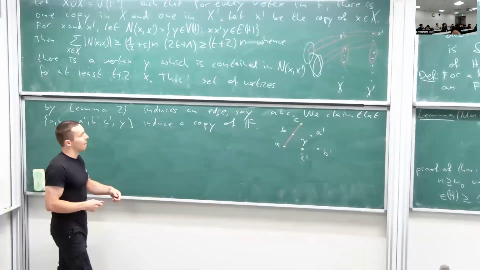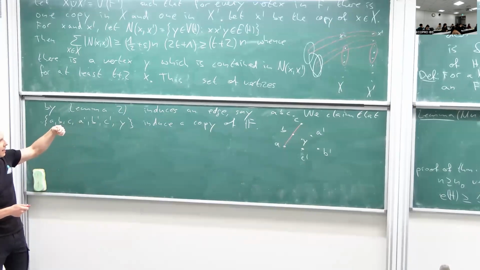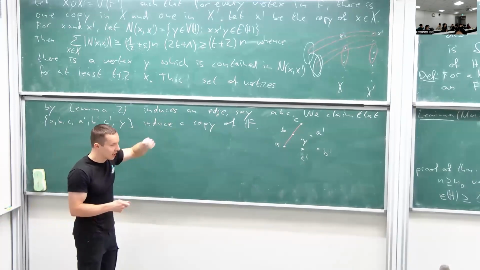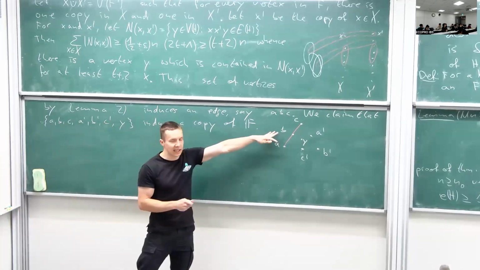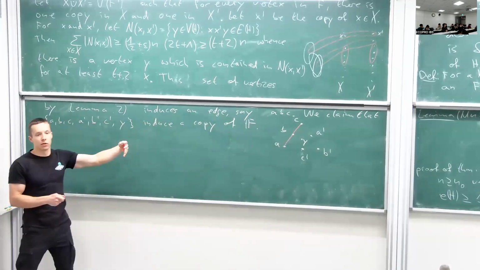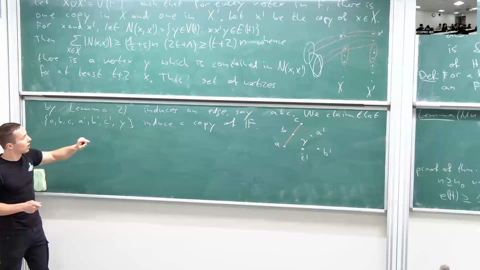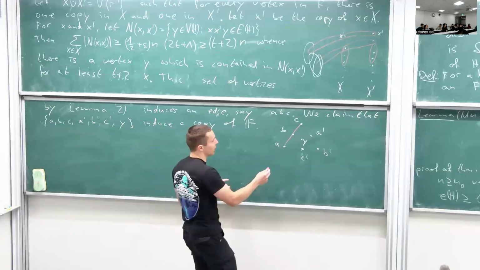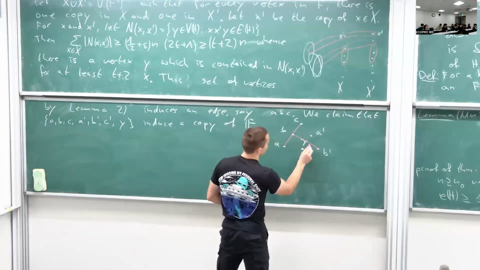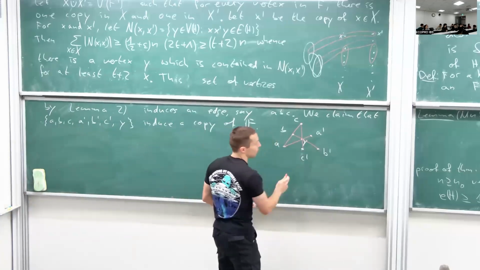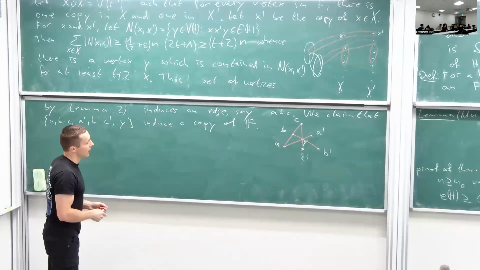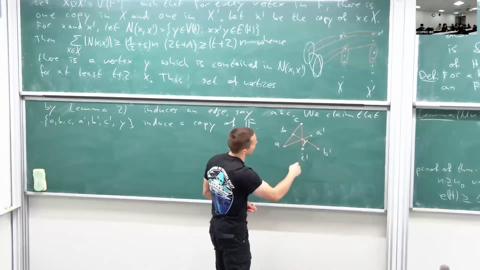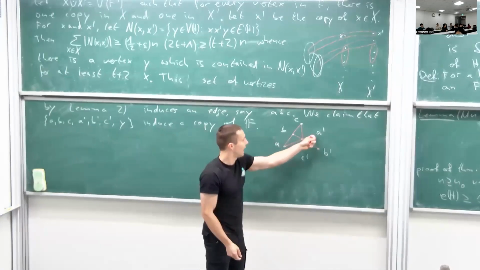Then by the choice of Y, right? Y was this vertex that was contained in the co-neighborhood of a vertex and its copy, and these ABC were chosen among those vertices which have this property for Y. So in particular, we know that we have this edge, and this edge. And now for the remaining ones, let's check this circle in the middle. We have B, A prime, C prime.